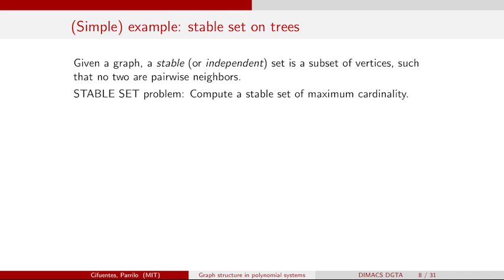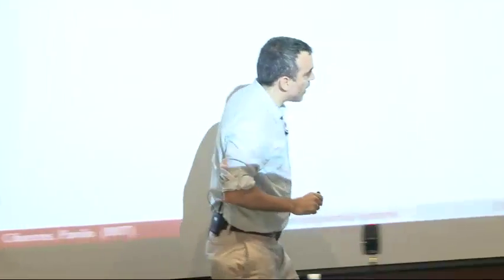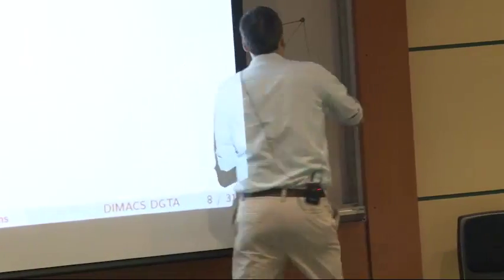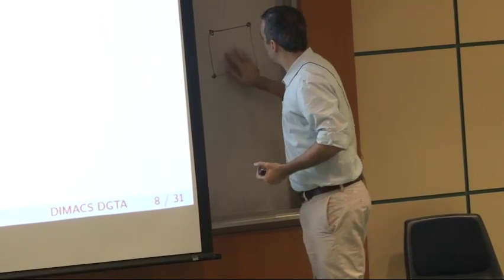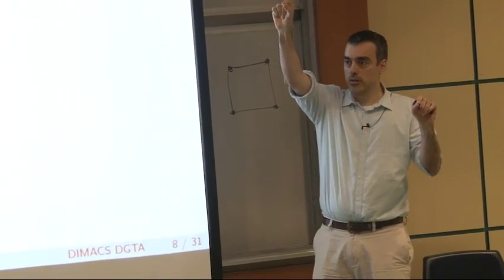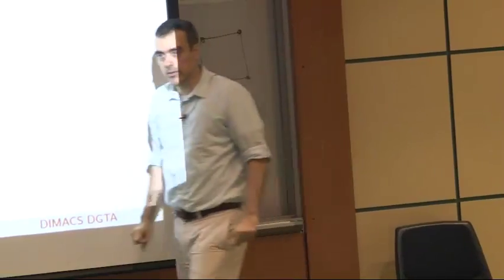Let me describe what the stable set problem is. We have an undirected graph. And there's this notion of independent set or stable set, which is a subset of the vertices with the property that they're not neighbors of each other. For instance, in my 4 cycle from before I added the edge, I could pick 2 vertices on opposite diagonals, and those are not neighbors of each other.